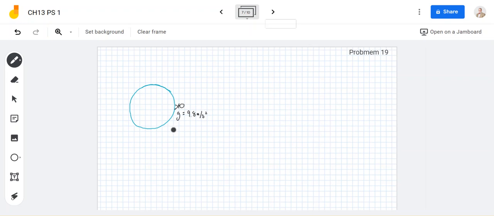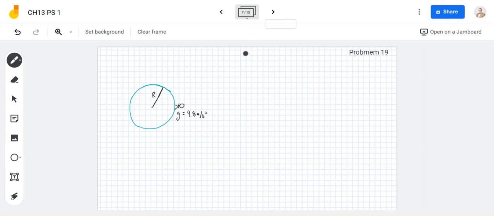Now, we use 10 to make the math easy, but that is at the surface, which is 1 radius away. The farther out you go, the less gravitational field strength you have. So if you are out farther than the surface, it's going to be less than 9.8.